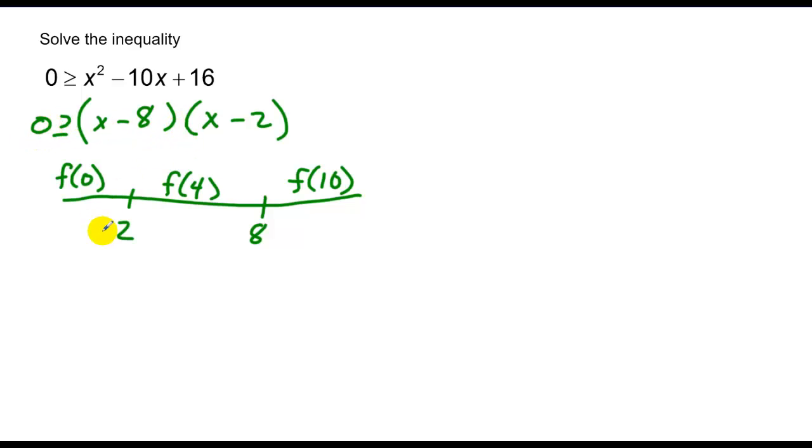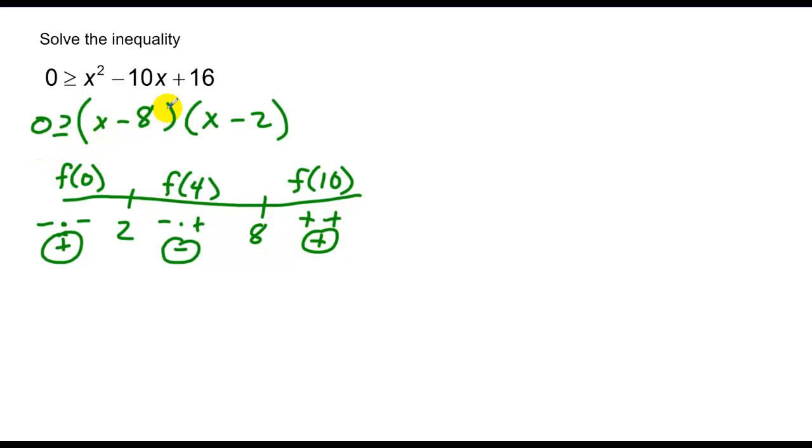and see if I get a positive or negative number. When I plug a 0 in, I get a negative multiplied by a negative, which is a positive. When I plug a 4 in, I get a negative multiplied by a positive, which is a negative. And then when I plug my 10 in, I get a positive multiplied by a positive, which is a positive.